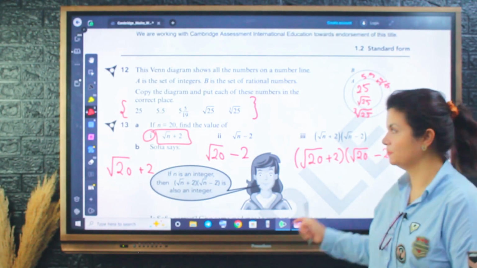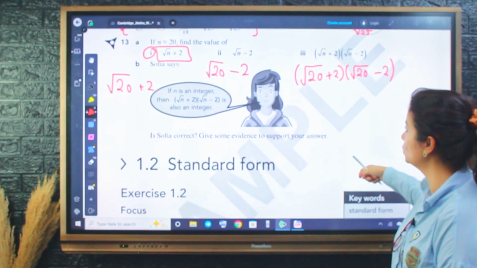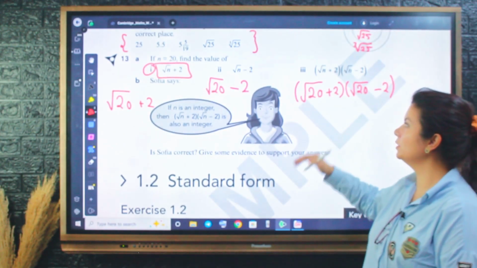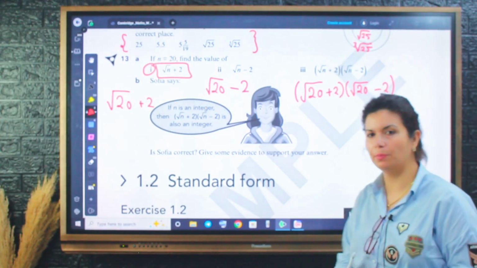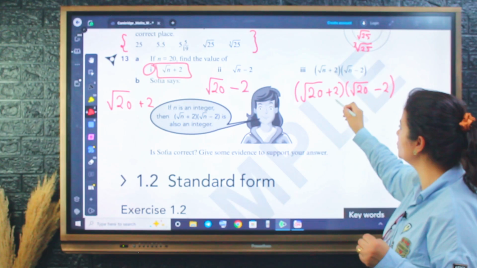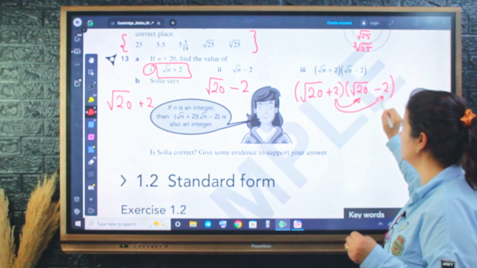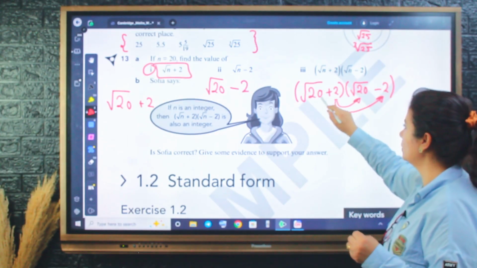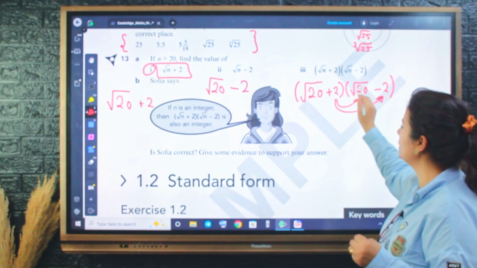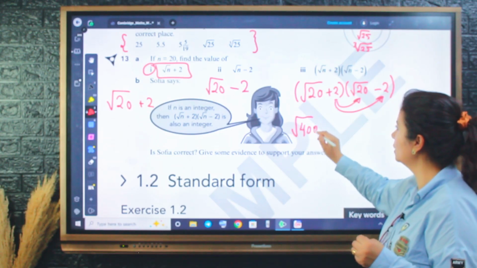Okay, guys, let's see how to solve it. To find the product of two brackets, we multiply each term in one bracket by the other two terms. So let's start with root 20. Root 20 times root 20 is root 400.